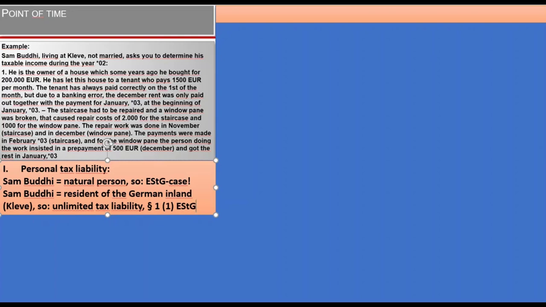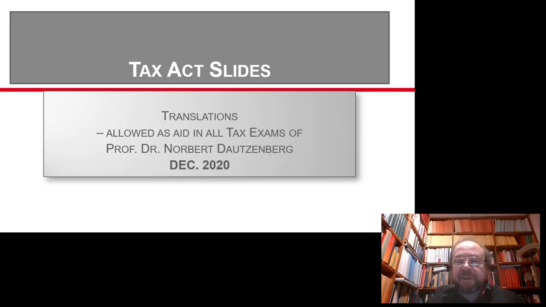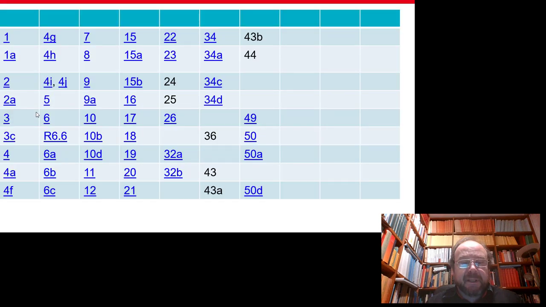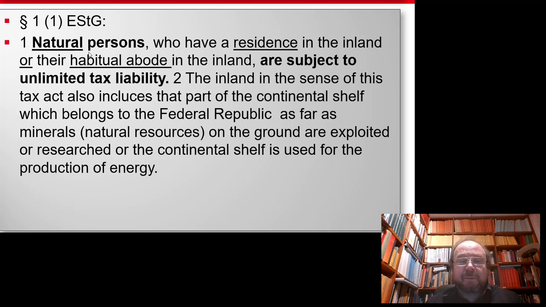Now, if you do not feel sure exactly if it's really 1.1 ESTG, there is naturally one step to take. Look it up in the Tax Act slides. So let's take them. Look for the ESTG and go to the table of contents here. 1.1 ESTG, indeed, that is probably what we needed.